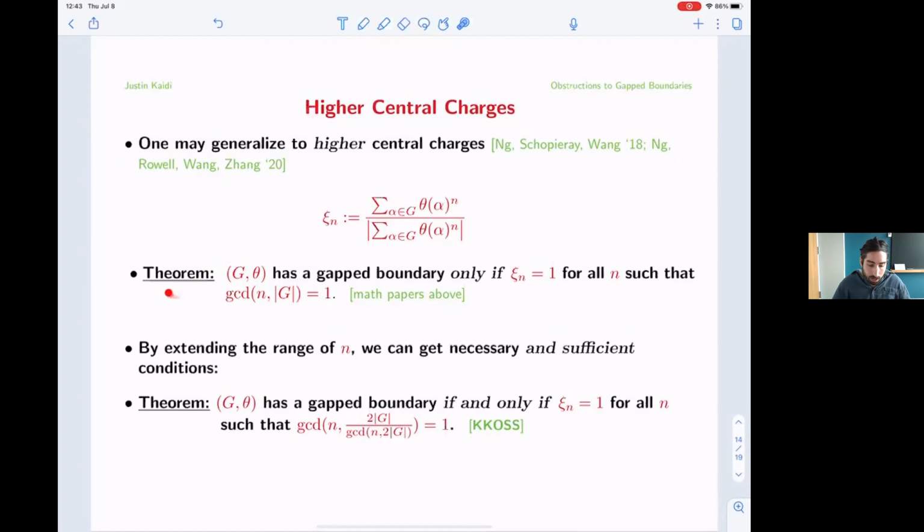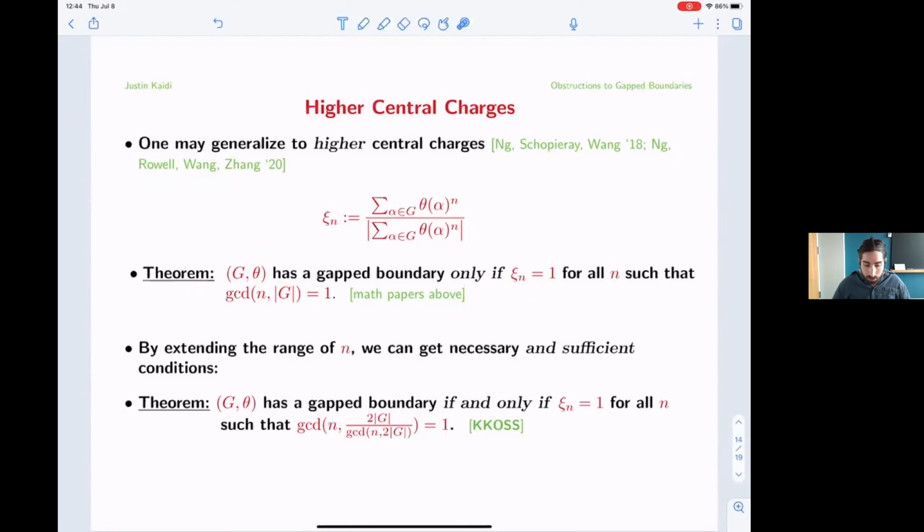And this is summarized in this theorem of, I think, really the second math paper here, which says the following. An abelian TQFT (G, theta) has a gapped boundary only if these higher central charges are trivial for all n such that this GCD condition is satisfied, namely for all n which are co-prime to the order of the one-form symmetry group.